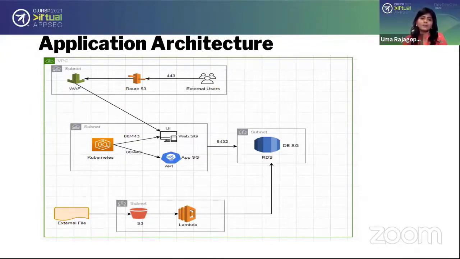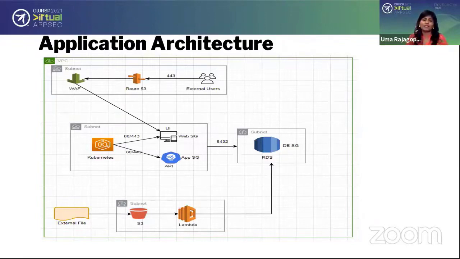All right, this application is, as you can see, hosted in AWS, in a single VPC account. You can see a couple of subnets. The top subnet is where external users are logging into the UI through HTTPS, and you can see there is a WAF available.